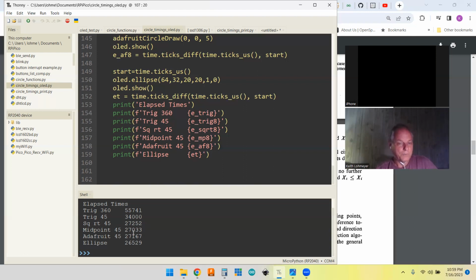calculation. And as you can see, the midpoint 45 and the Adafruit, the midpoint and the Bresenham, is 1, and then the built-in ellipse, because it's probably using some C code behind the Python.